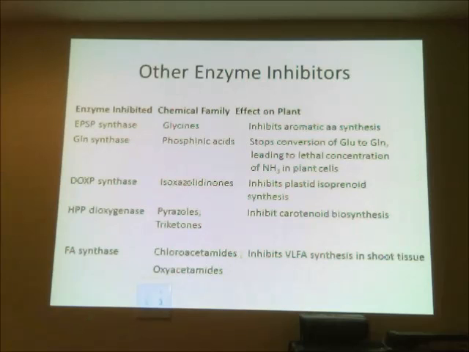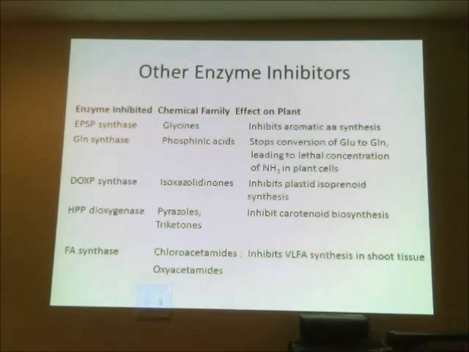And these compounds, the pyrazoles and these triketones, have that activity of inhibiting that dioxygenase, and therefore the carotenoids cannot be synthesized. And one of the things that the carotenoids do, things like beta-carotene, is protect chlorophyll from photodestruction. So again, when you put these things down, it's going to cause bleaching.